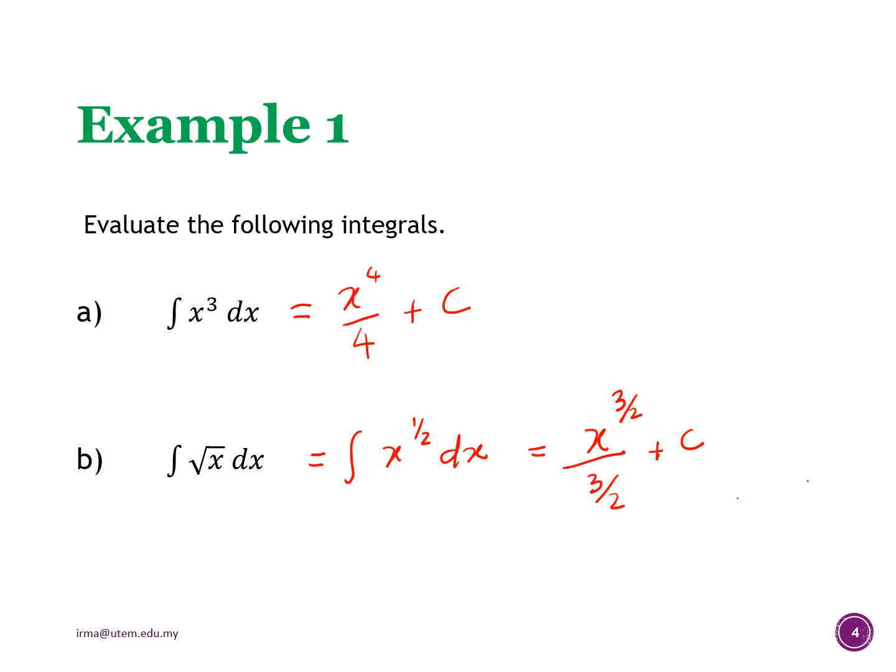Next, you need to restructure your answer. Over 3 over 2, you can write as 2 over 3 x to the power of 3 over 2 plus c.